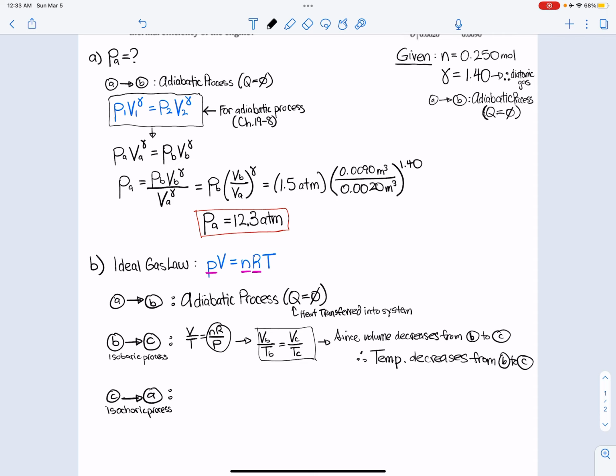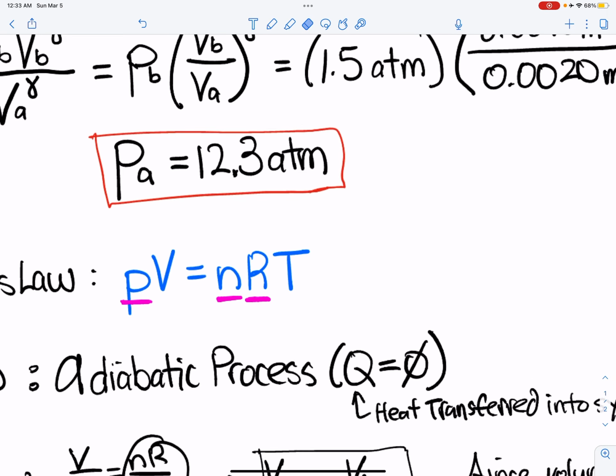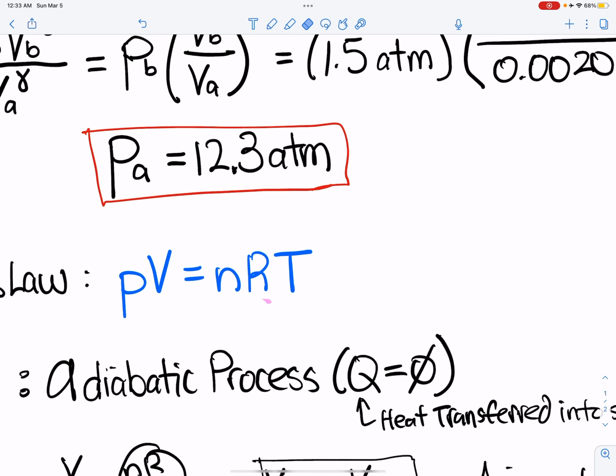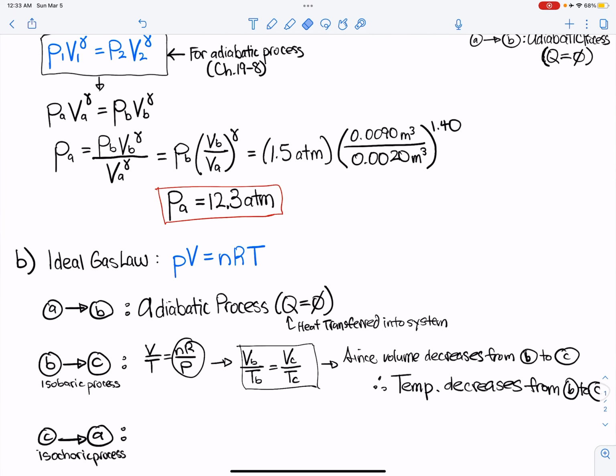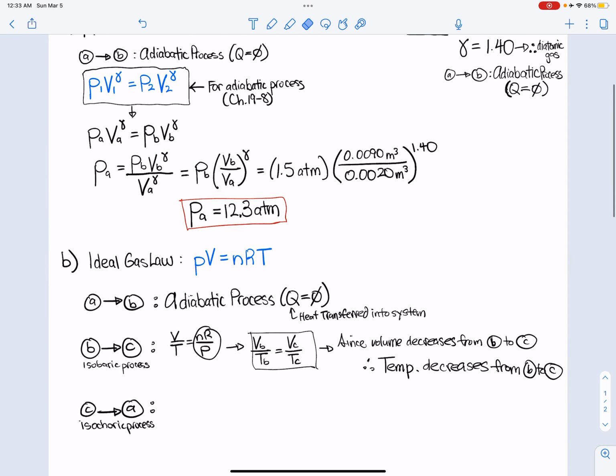So now if we look at the ideal gas law for an isochoric process, when volume is constant, I'm going to underline the constants in the ideal gas law. This time volume's constant, and like I said, n and R are always constant.